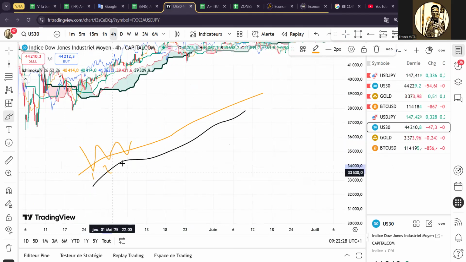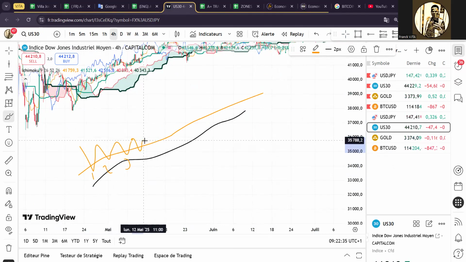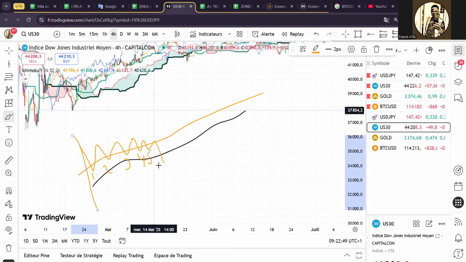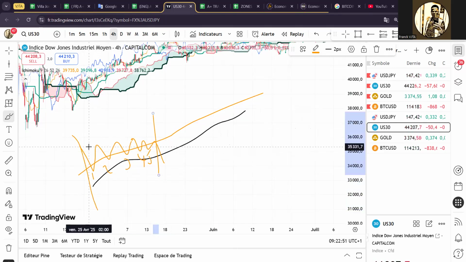That's 1, 2, 3. For me, from the third touch, the price can go up again, but on the fourth touch the price will go up, and the fifth touch will be a reversal. That's what I realized, in 1 hour and 15 minutes, most of the time. So I separated those elements, those I would say waves of touches.